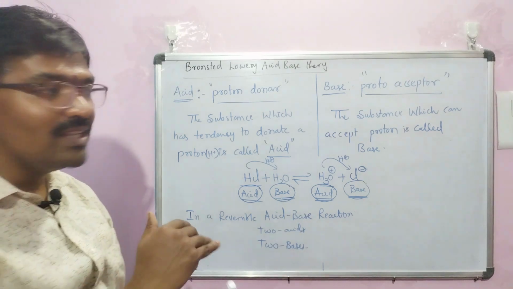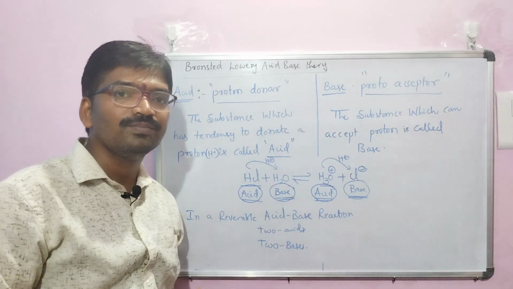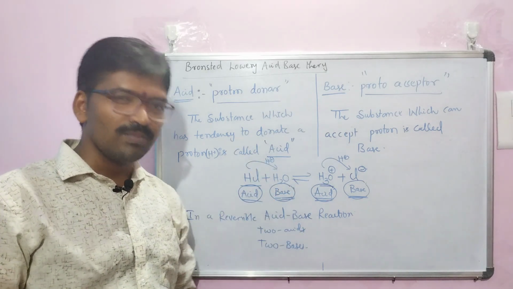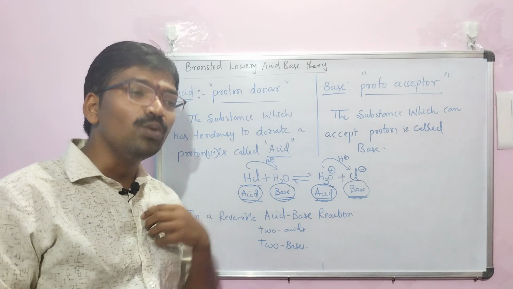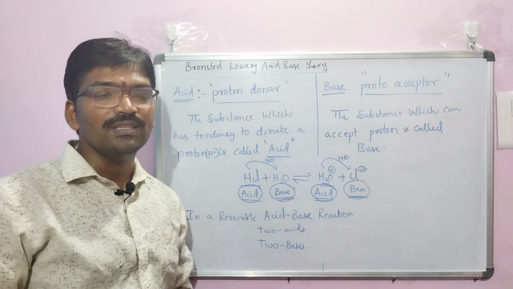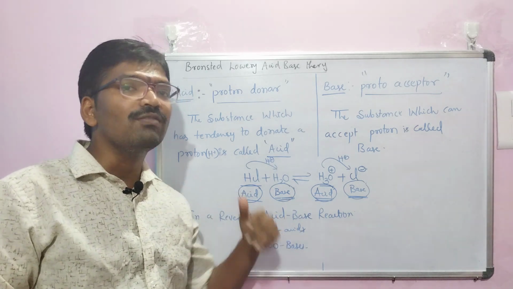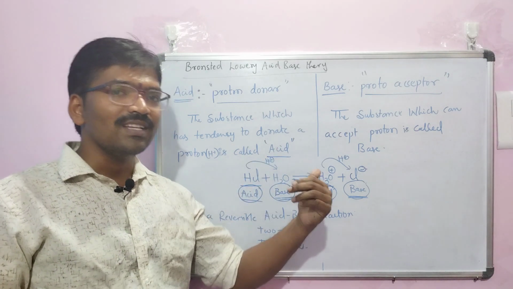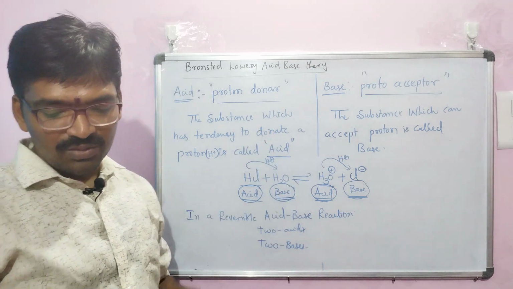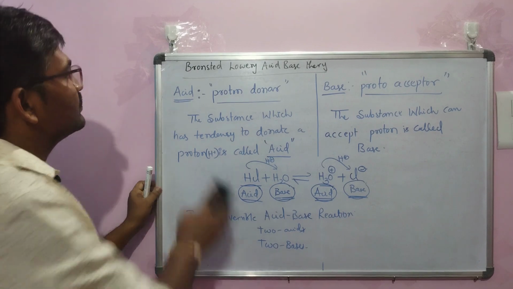In this equilibrium reaction, a strong acid after the donation of H plus is converted into a base. A strong acid forms a weak base, and a strong base forms a weak acid. That we have to discuss here.